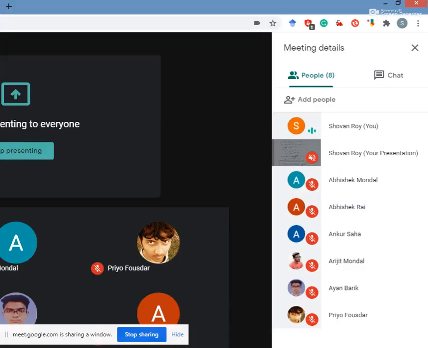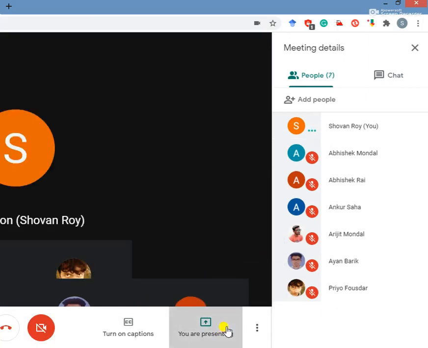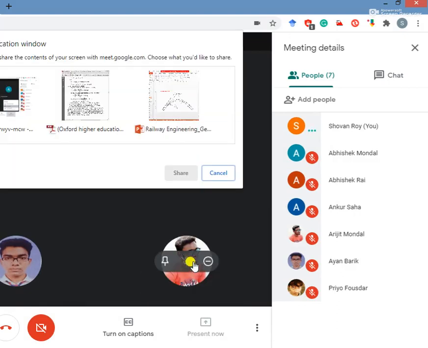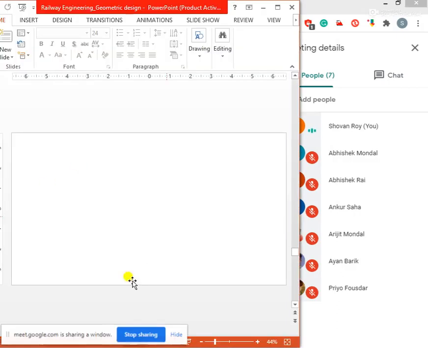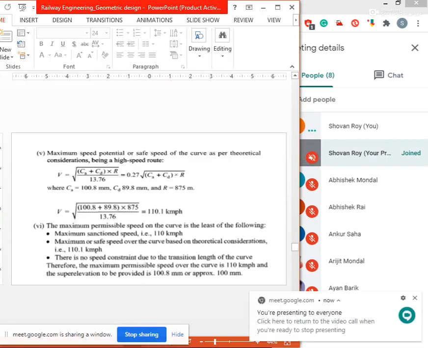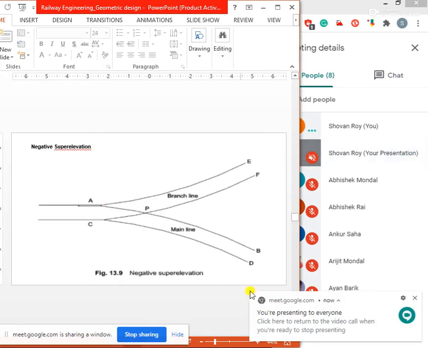In the last class you have already seen the figure of negative super elevation, the pictorial view.